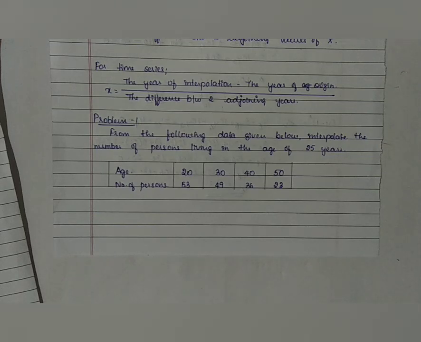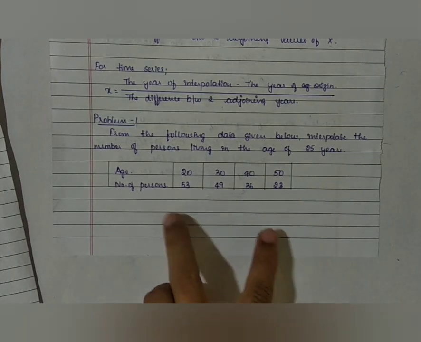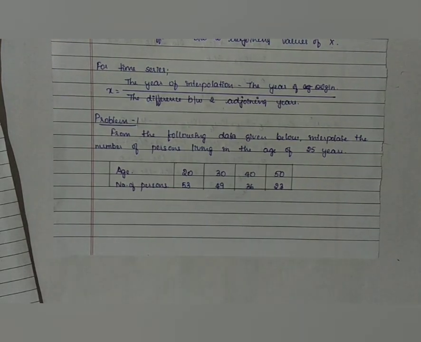If it was the binomial expansion method, we could not find the value for 25. So keep that in mind. Here don't get confused: in the case of Newton's advancing difference method, we can find the value for 25 years even though it is not given in the set of series.